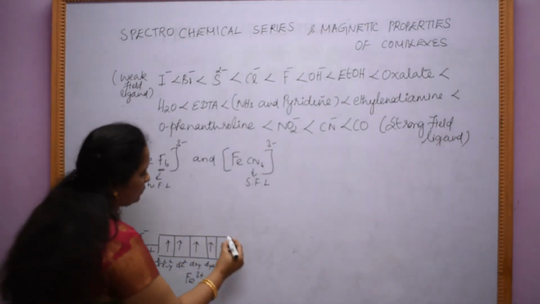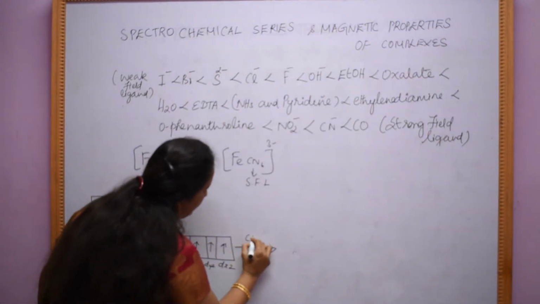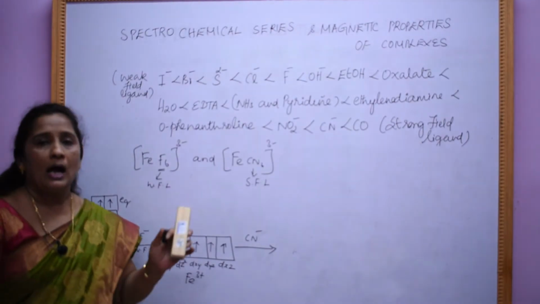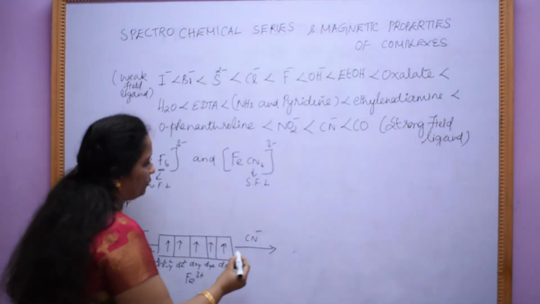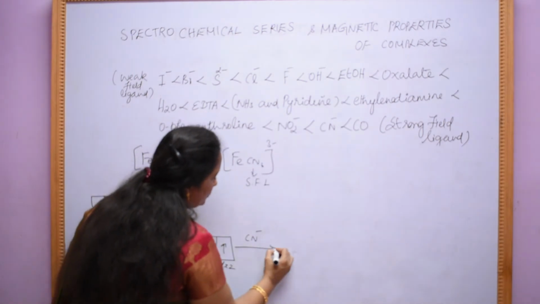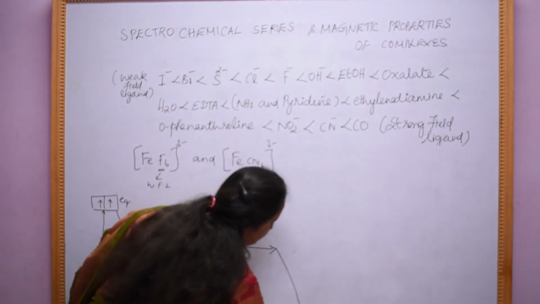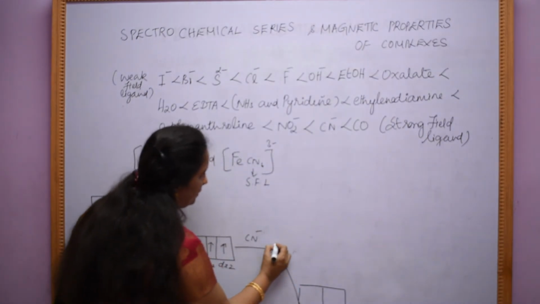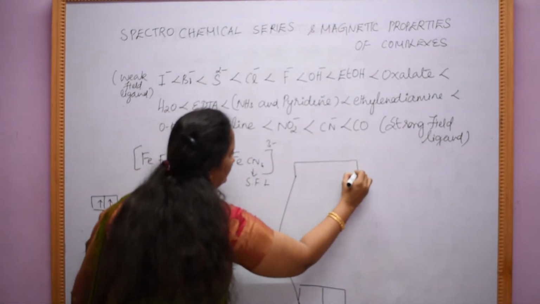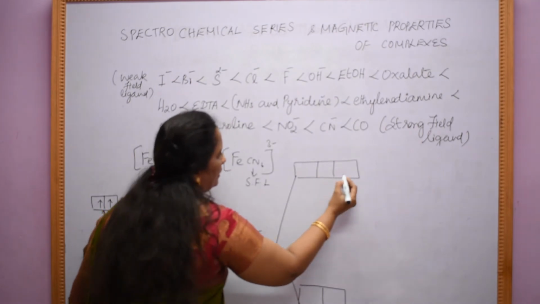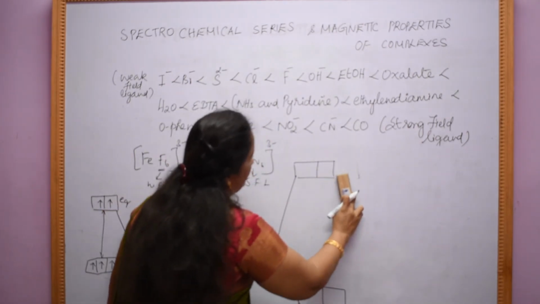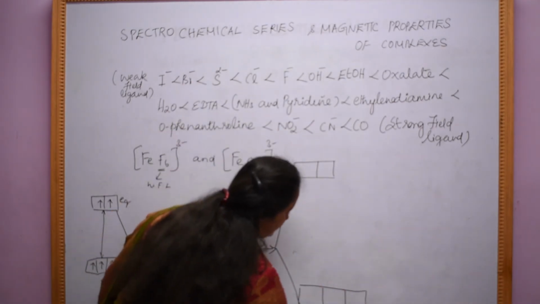Now under the influence of a strong field ligand, say CN minus, we know a strong field ligand causes a higher magnitude of crystal field splitting. So here the splitting energy or difference is more. This is the Eg set of orbitals and this is the T2g set.